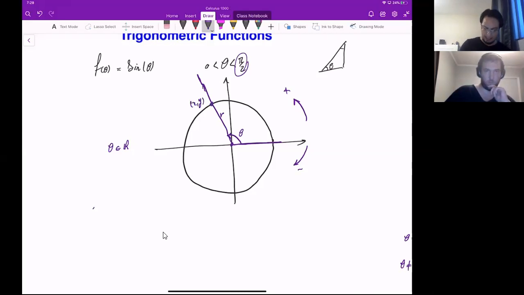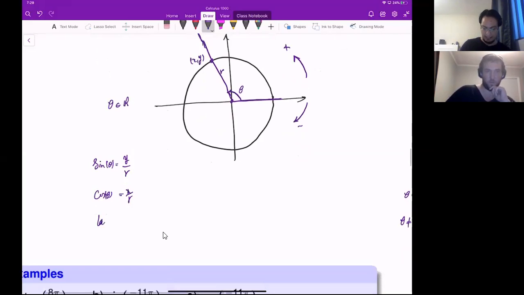In that case, sine of theta we define to be y over r. Cosine theta is x over r. Tan theta is y over x. Cosecant theta is r over y. Secant theta is r over x. And cotangent theta is x over y.